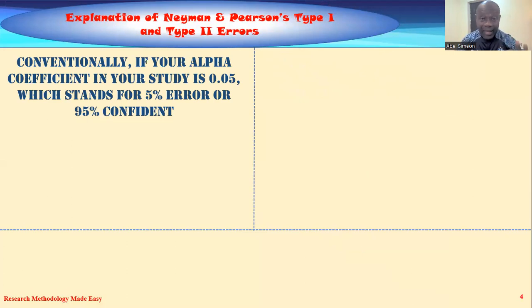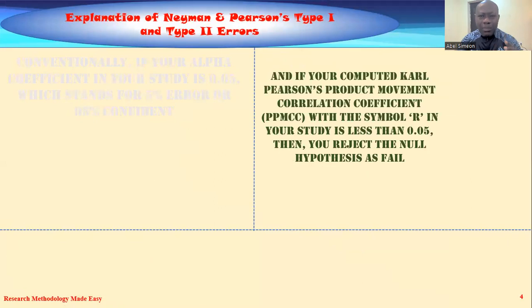If you use the Karl Pearson product moment correlation coefficient, PPMCC, in your computation, when you see the error value, if it is less than 0.05, then you should reject that null hypothesis, because your confidence level is less than 95%.